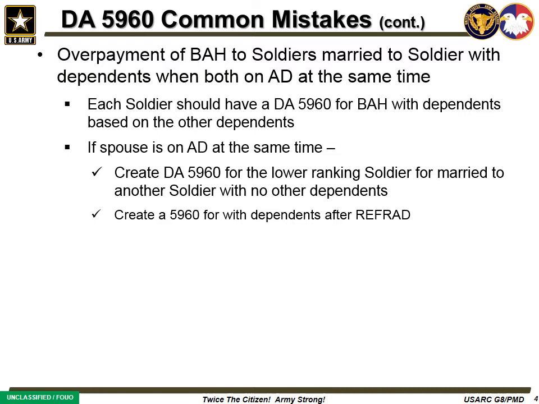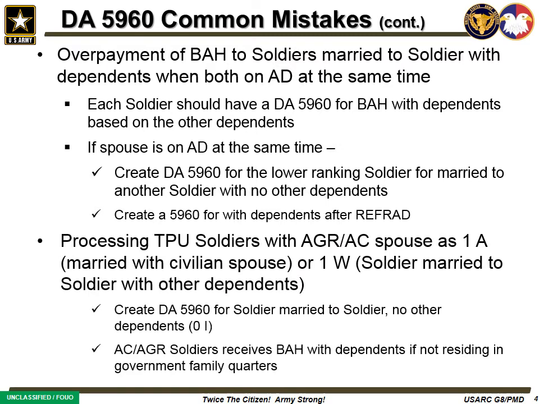Initially, you must process a DA Form 5960 for each soldier answering yes to married to another soldier and yes to other dependents. This will result in each having a BAH status of 1 whiskey, member married to member with other dependents on their MMPA and the UCPMR.